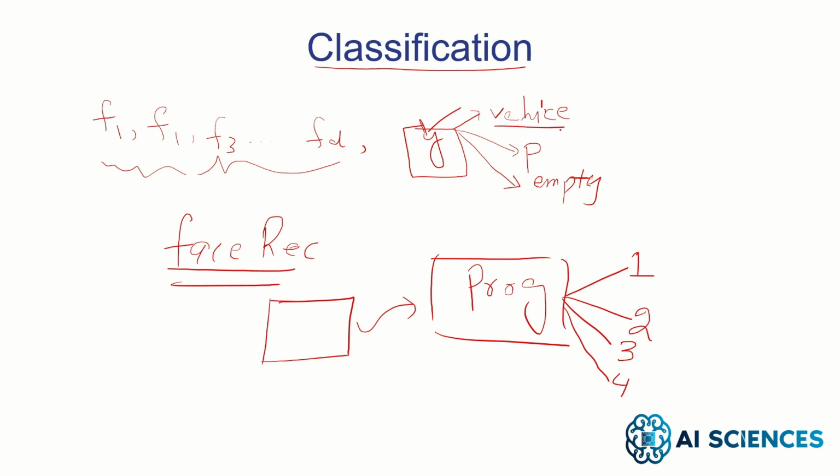For example, in this case, vehicle may be coded as class 0, pedestrian as class 1, and empty as class 2. When you see classification data sets available in several places, for example the machine learning repository at UCI, you'll see the target labels are mostly in numeric form.